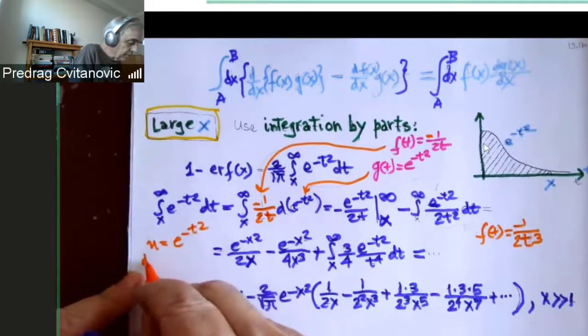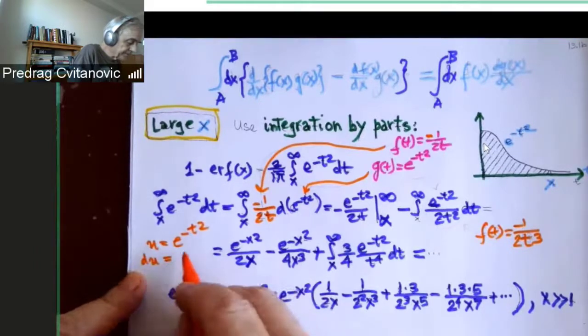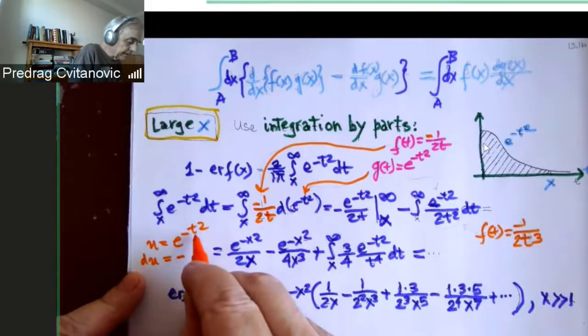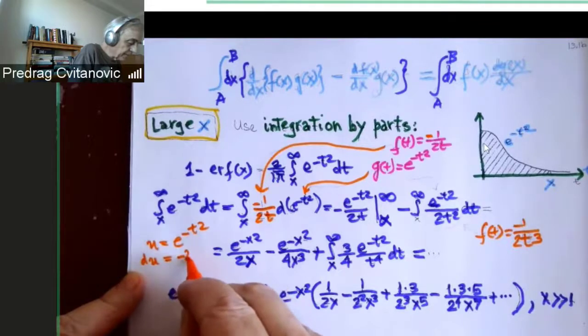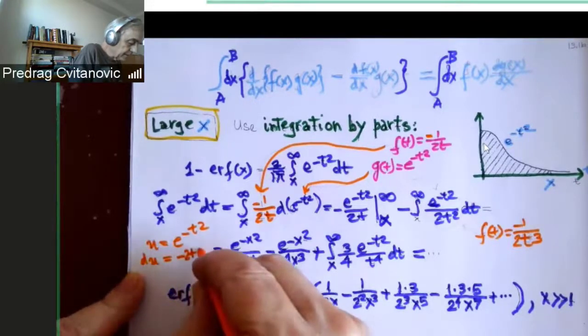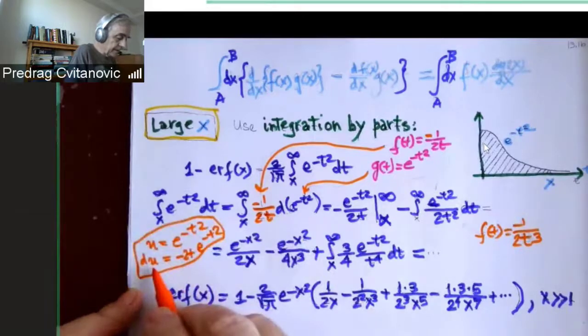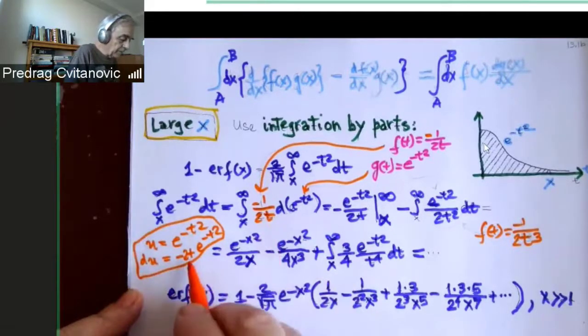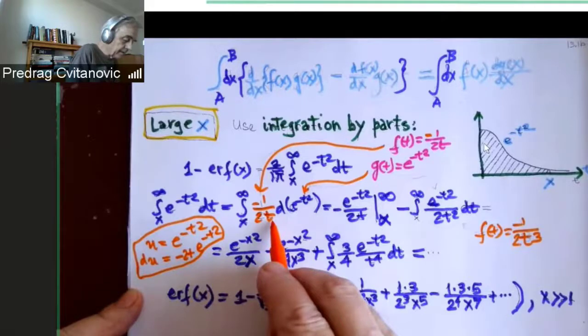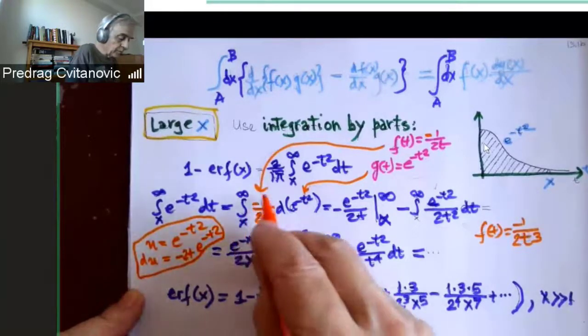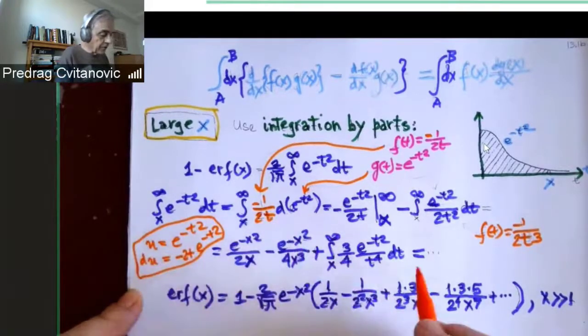Then we got du equals minus, take the derivative of this. This is 2 times t e to the minus t squared, right? When you change the variable, you have to compensate for this minus 2. So that's why you put 1 over minus 2t. Yeah, just change your variable.